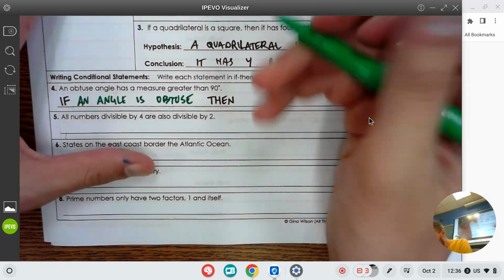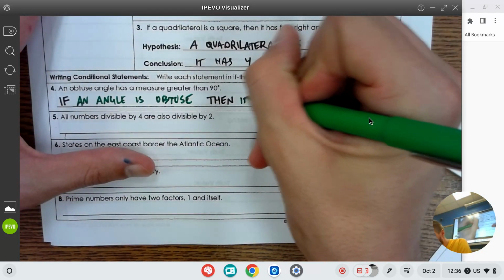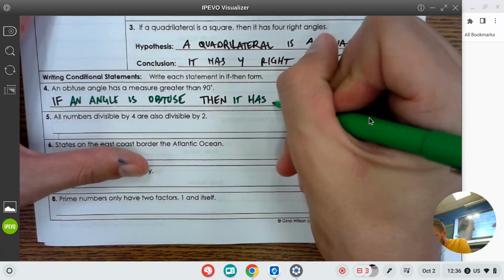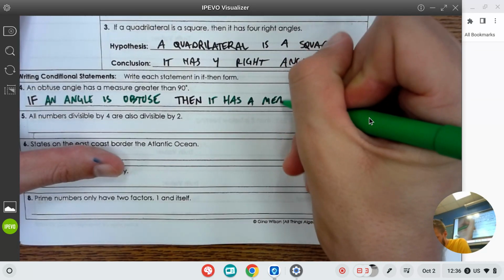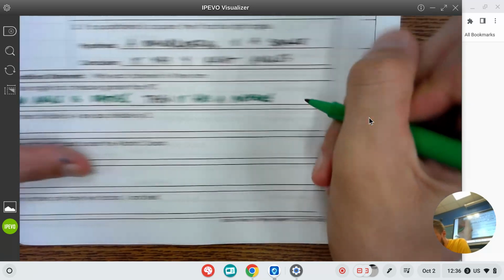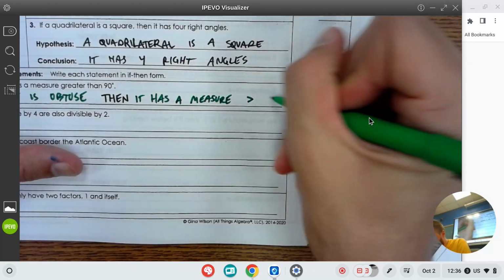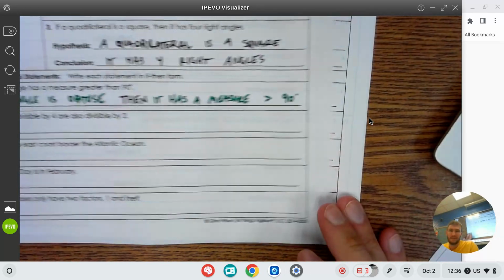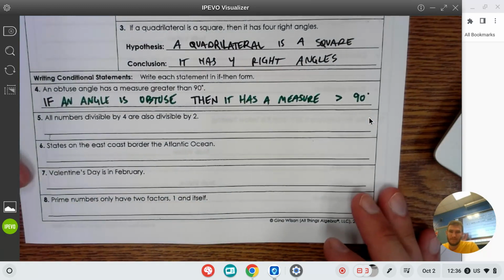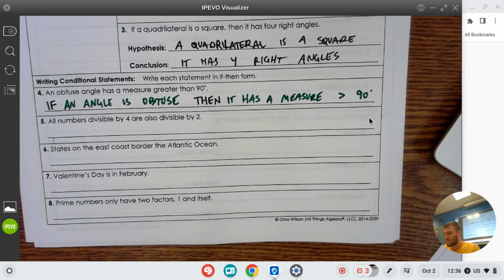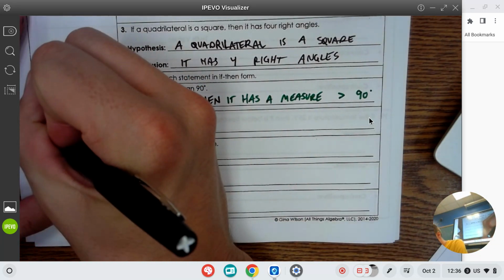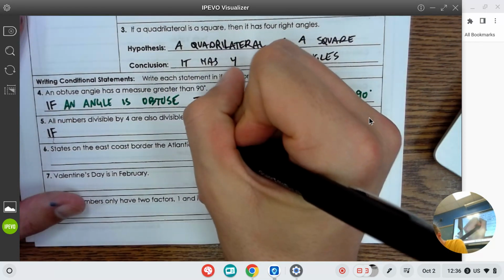Then we know it has a measure greater than 90 degrees. Also, not rocket science, but it does take a little bit of thinking. Okay?